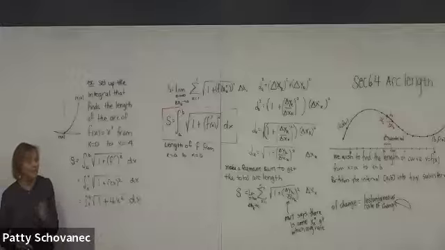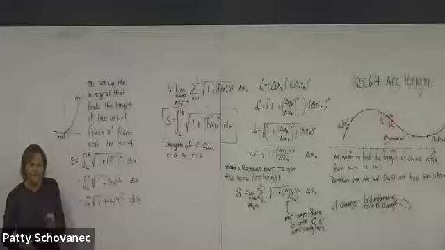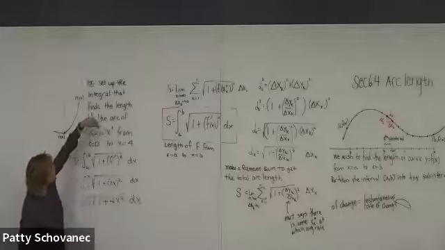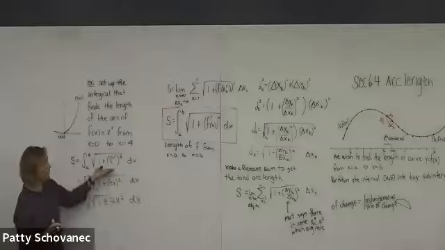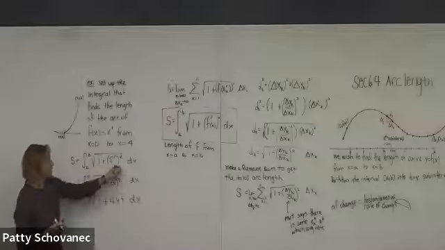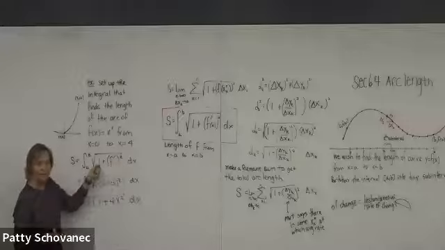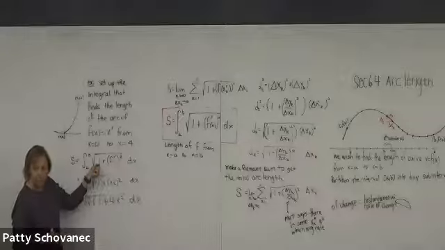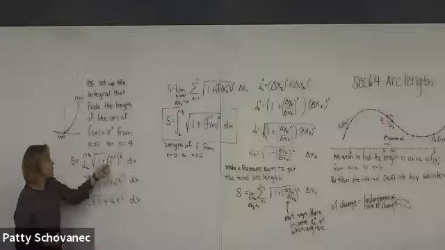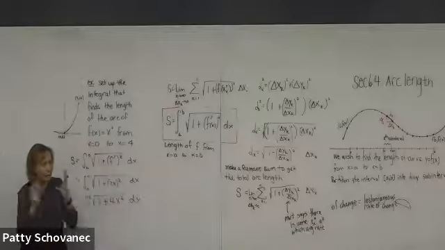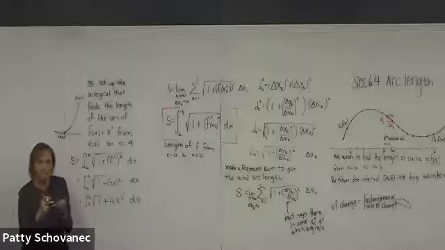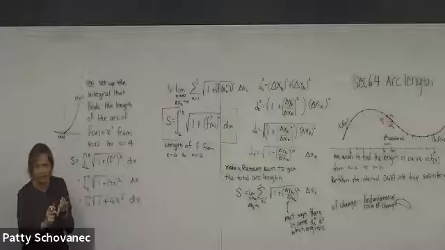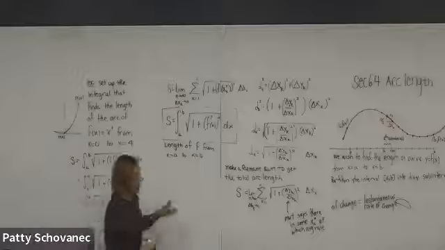So the problems in this section are contrived in such a way that the functions we start with are pretty funky, but they have derivatives that after you square them, either give you an entity under here that would be a u du integral, or give you an entity under here that is a perfect square. And so you can take the square root of a perfect square, right? So the problems in this section are very much contrived in that way. And my examples will be as well.